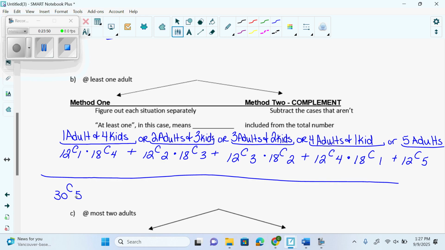The only case you don't have in here is 0 adults, right? Because we can have no adults or 1, 2, 3, 4, 5, and then we have to stop because we can only have a 5-person subcommittee, correct? So this is total, and then minus no adults. So another way of saying that is 5 kids. So this is minus 18C5.